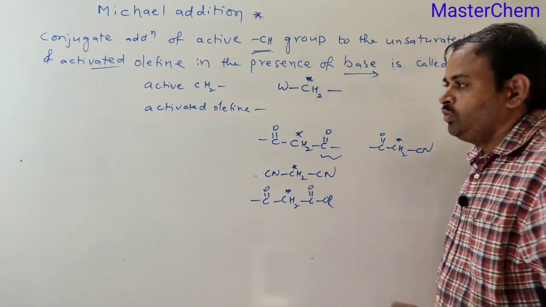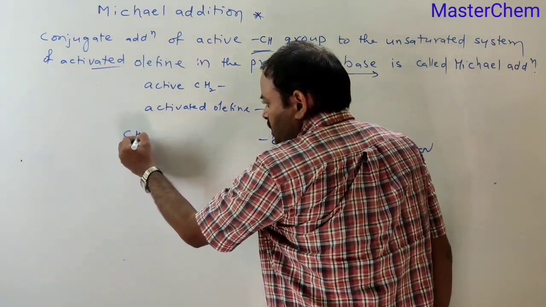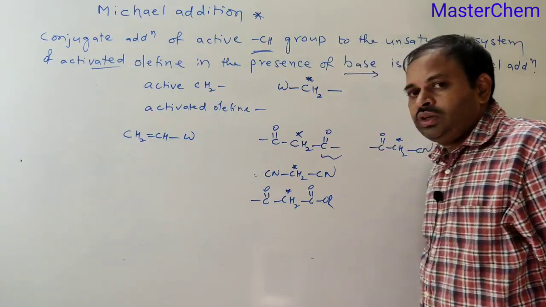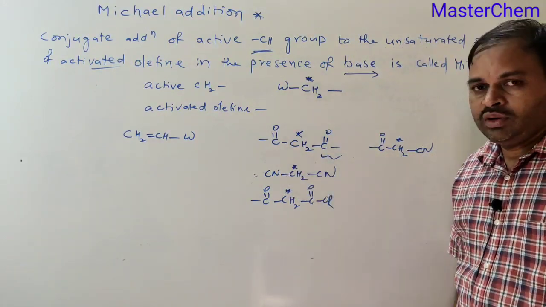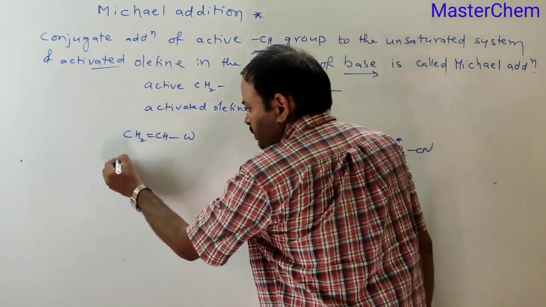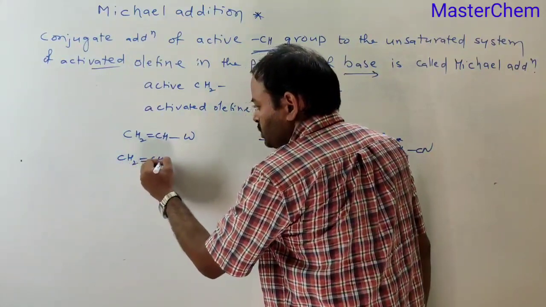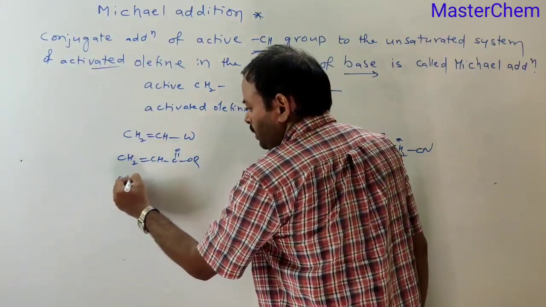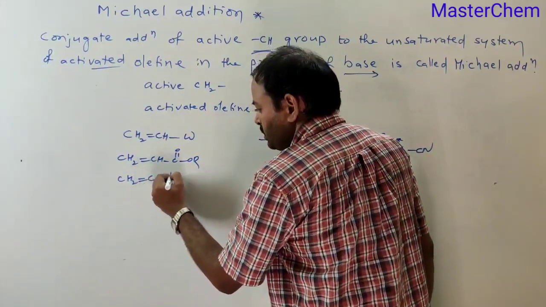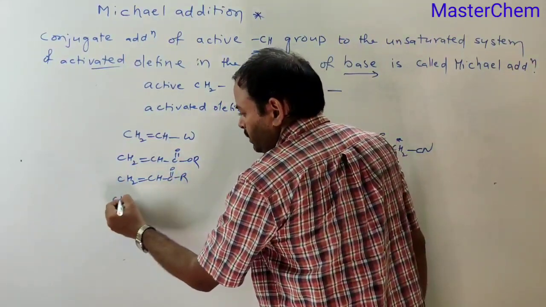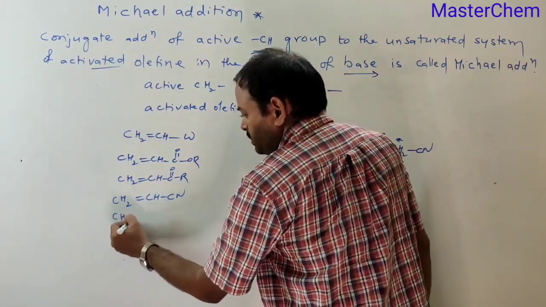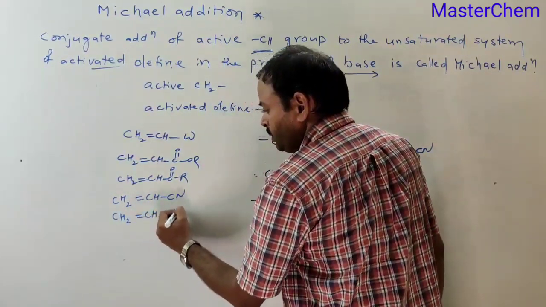What is an activated olefin? An olefinic linkage, CH2 double bond CH, attached to an electron withdrawing group is called an activated olefin. Examples: CH2 double bond CH COR, or CH2 double bond CH CN, CH2 double bond CH NO2.